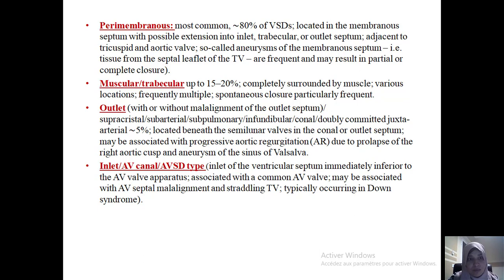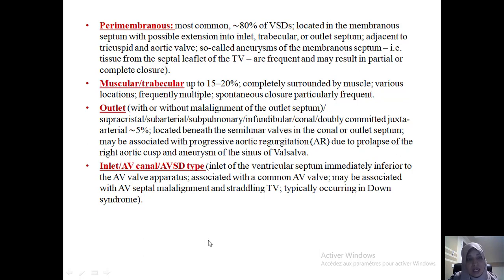It's called supracrestal, subarterial, subpulmonary, infundibular, or doubly committed juxta-arterial, accounting for about 5%, located very near to the aortic valve, which can be associated with progressive aortic regurgitation due to the prolapse of the right aortic cusp and aneurysm of the sinus of Valsalva.